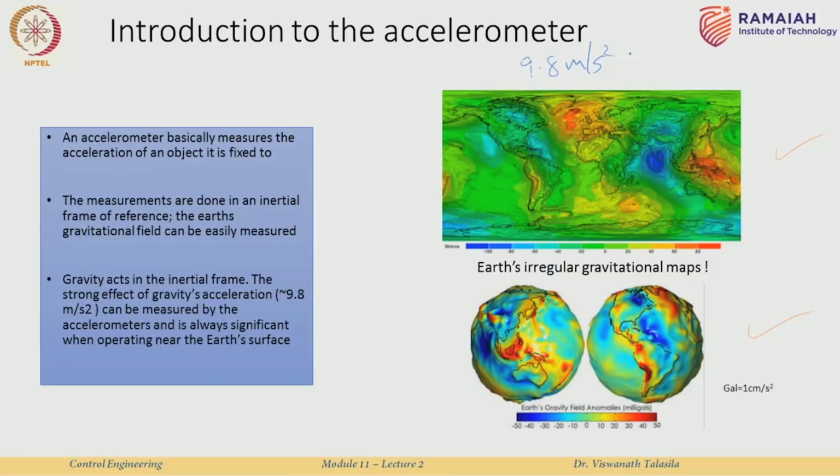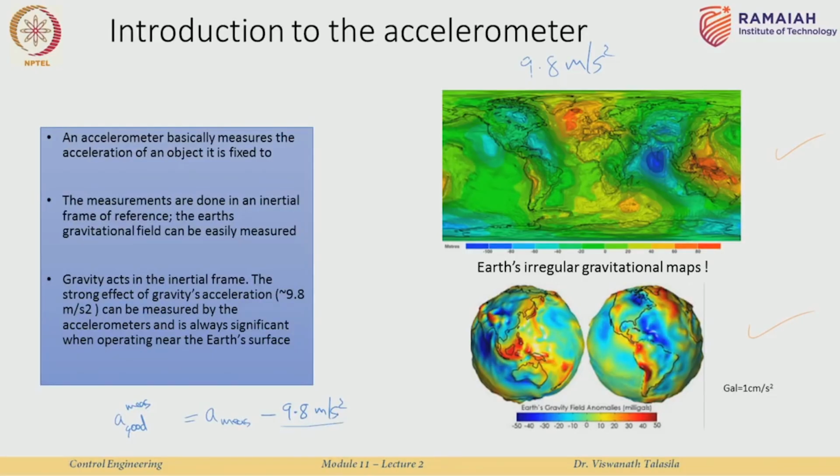So, if it were perfectly 9.8 meter per second square, life would actually be fairly simple, because from every measurement of my accelerometer, I would simply subtract 9.8 meter per second square, okay? And then I will actually get a much better measurement, with just the noise terms being available, and this one compensated.